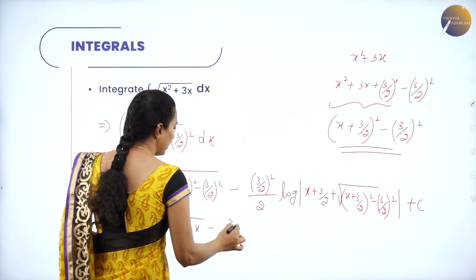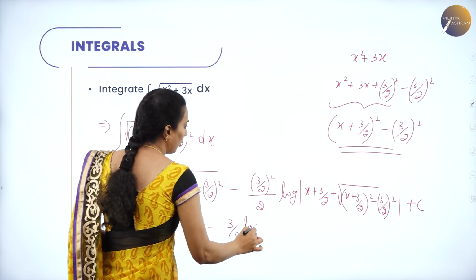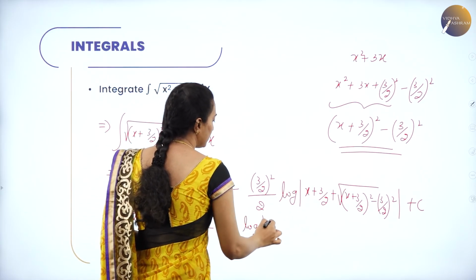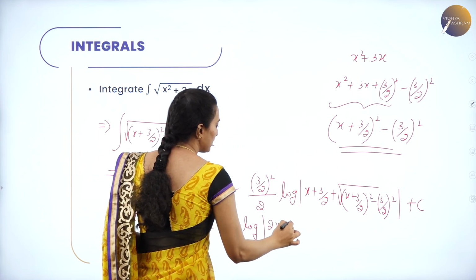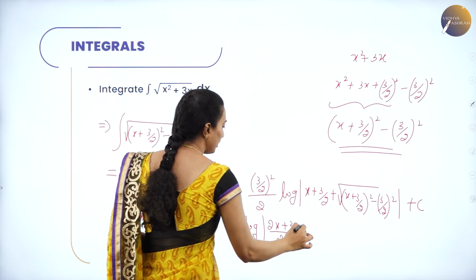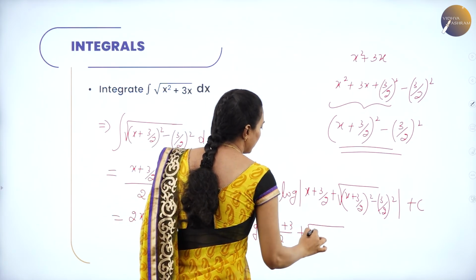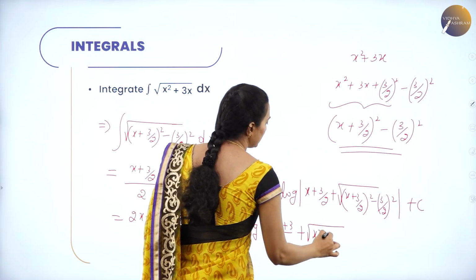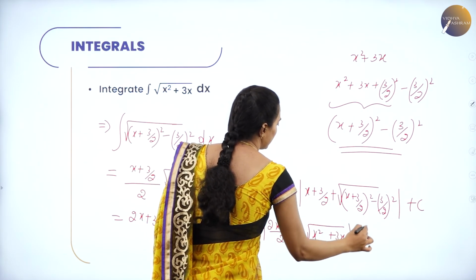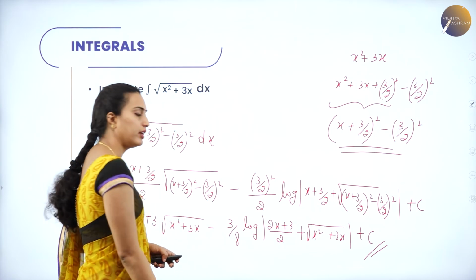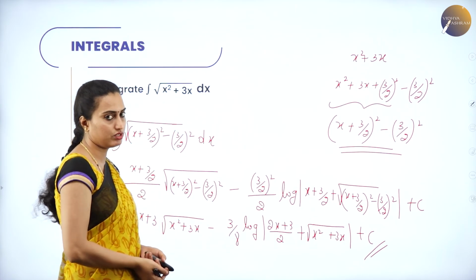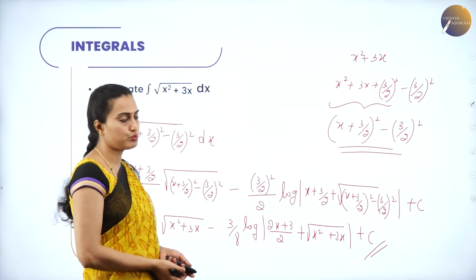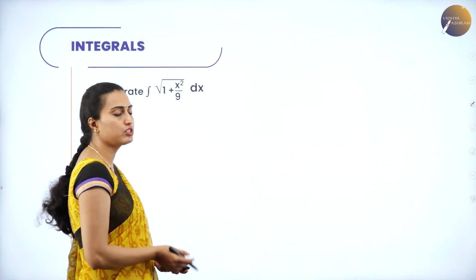So 3 divided by 8 into log of modulus of, taking LCM, (2x plus 3) divided by 2 plus under the root x squared plus 3x, right? Plus c. And this is your final answer. You are going to get it as such. I hope you understood this one. Now we'll be moving on to the next problem.